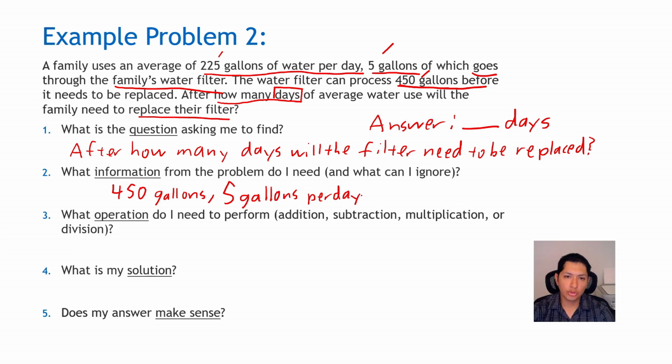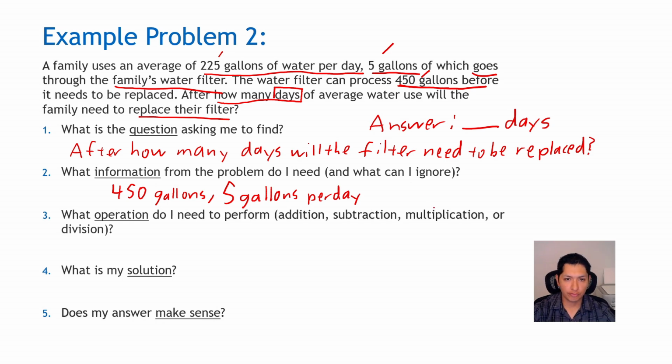The 225 gallons isn't relevant to this problem because not all 225 gallons of that water are going through the filter. Only 5 of those gallons are going through the filter, right? So 225 gallons is the extra information in this problem.